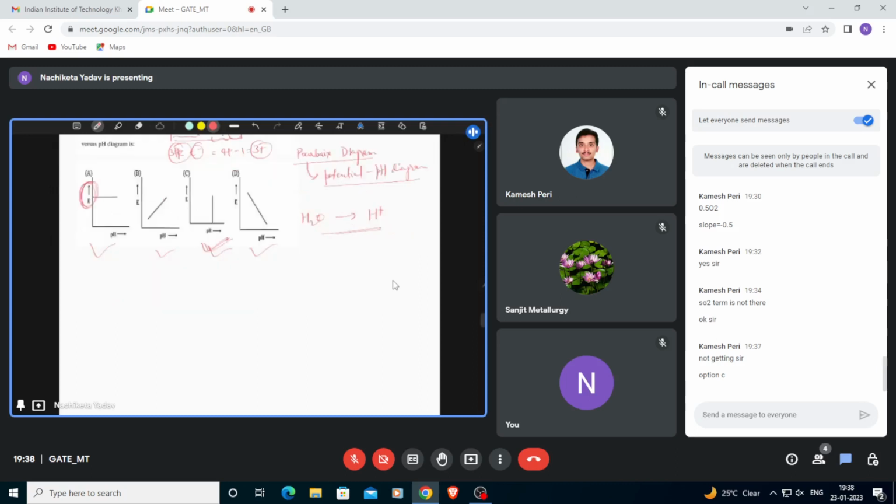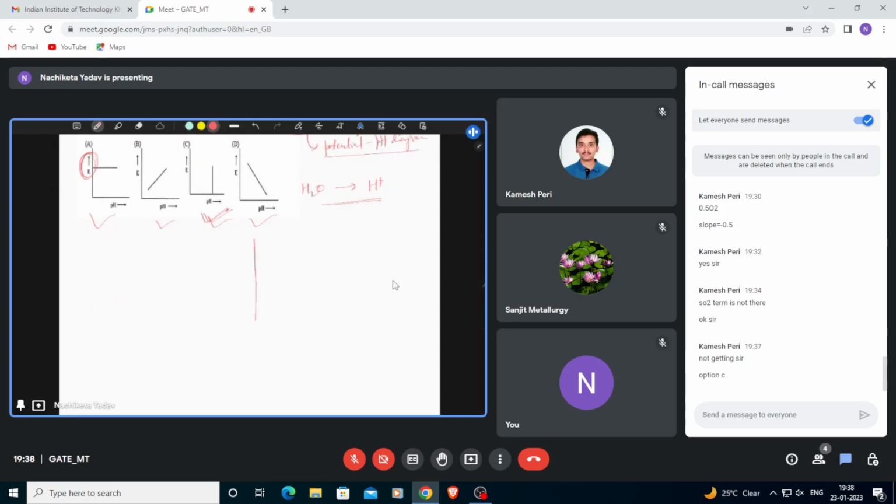You can also search this pH diagram for iron and iron oxide. You check. See, this is Fe 3 plus. This is Fe(OH)3. This is Fe 2 plus. This is Fe. This is pH value, and this is potential.